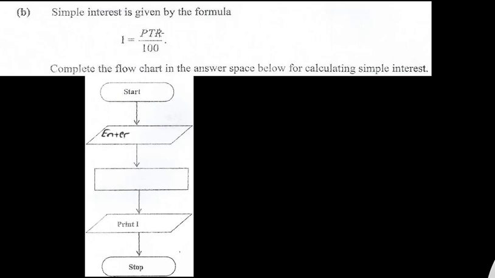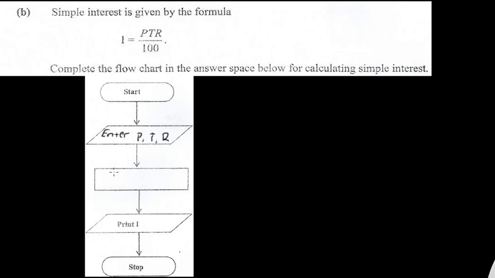We've got P, we've got T, we've got R. We can't say I because I is what we are looking for. 100 isn't a variable, so we'll say enter the variables that you have, which are P, comma, T, comma, R. So 100 is a constant, so we don't have to enter it at this point because it's part of the formula.